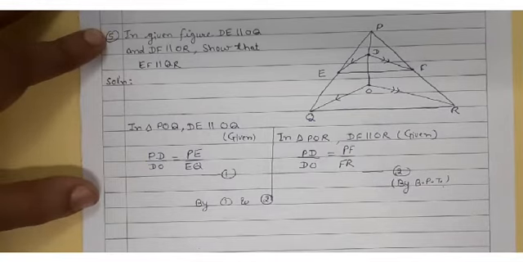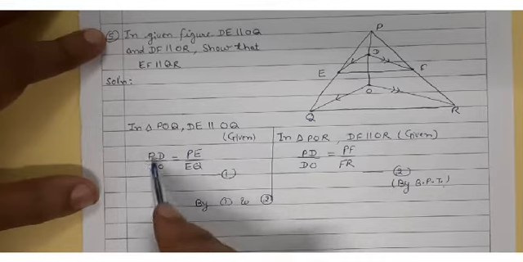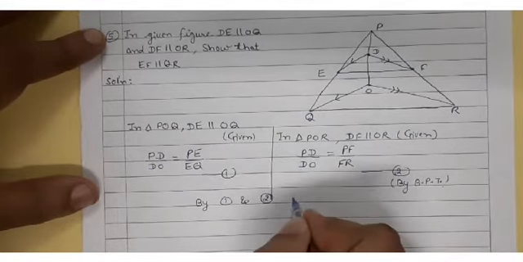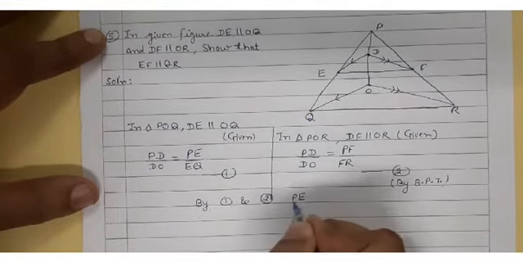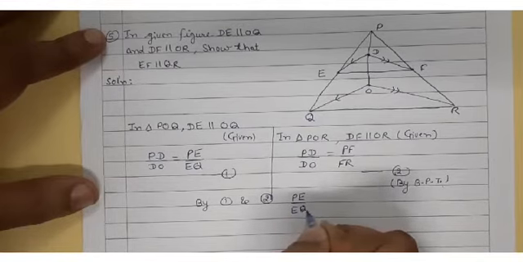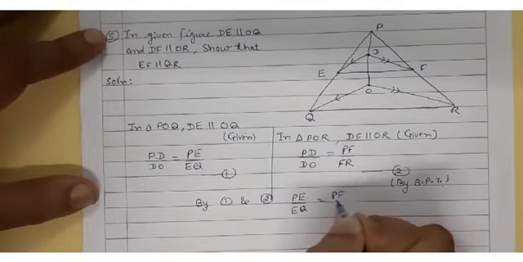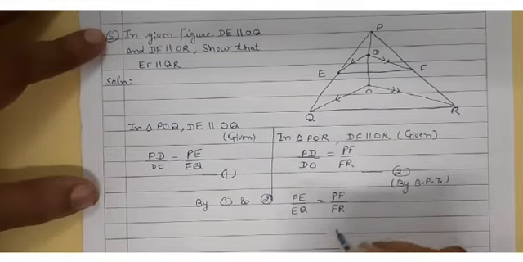Then by first and second, what can we say? PD upon DO is common. So I have to write here PE upon EQ is equal to PF upon FR.